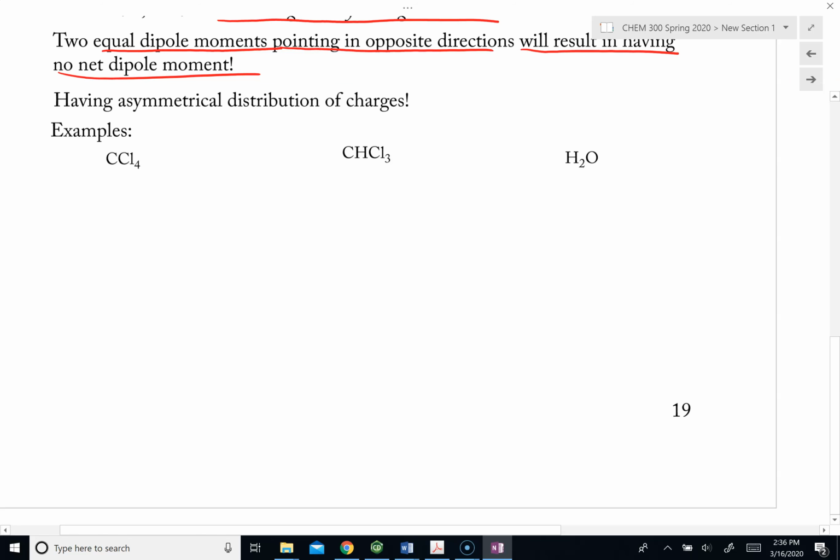Whenever we ask that question, it is in the context of molecular polarity. And to be able to answer that question, we have to start all the way from drawing the Lewis structure of the molecule. So here in this case, the Lewis structure of this molecule, as we have seen previously, will be as follows.